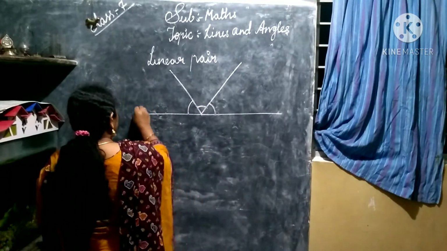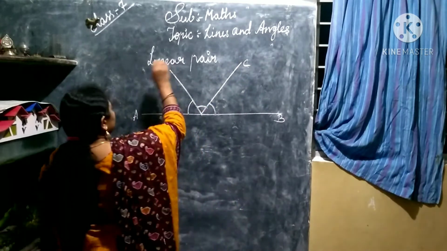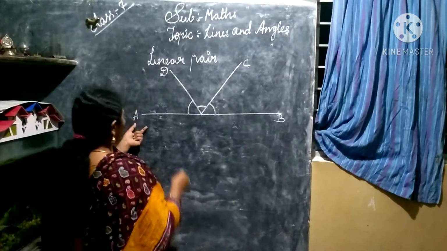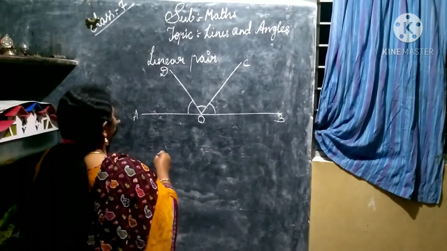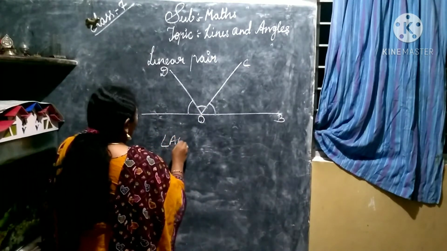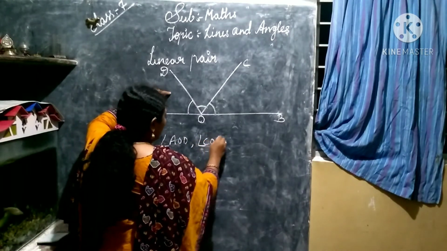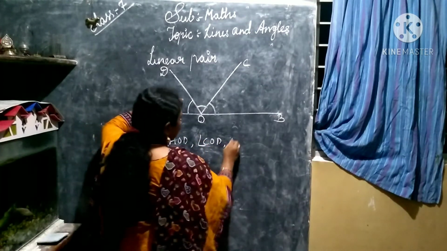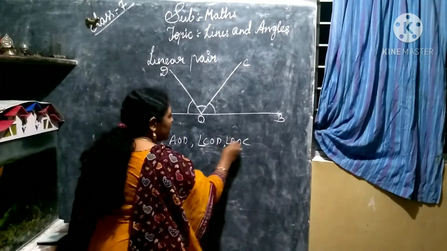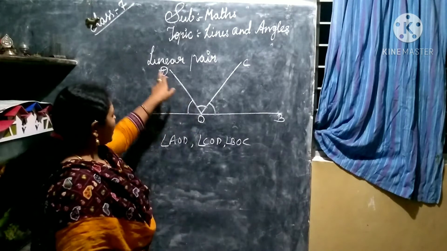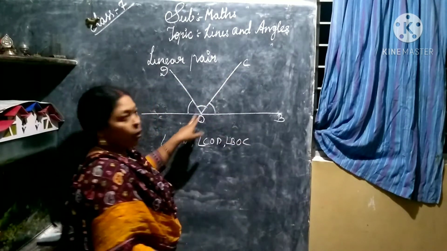Let us name the points A, B, C and D, and this point O. Here we have angle AOD, angle COD and angle BOC.